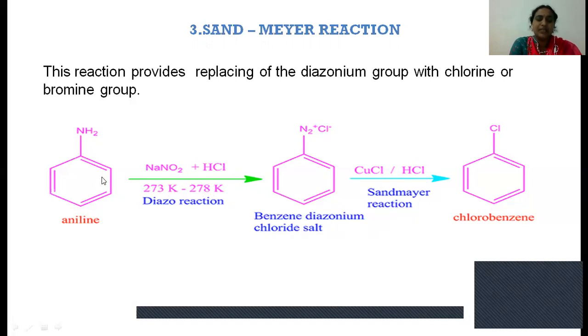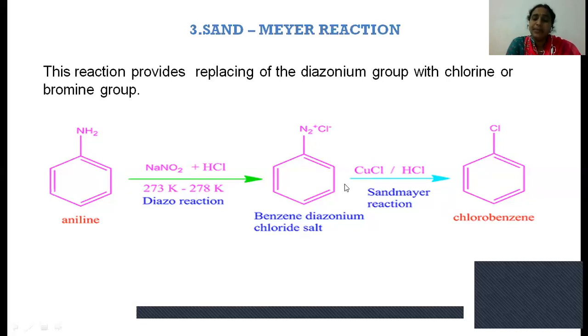The conversion of aniline to benzene diazonium chloride is called diazotization. Now this benzene diazonium chloride reacts with cuprous chloride. In cuprous chloride, Cu is +1, a cation, whereas Cl minus is an anion. So this anion will replace the diazonium chloride group and produce chlorobenzene.